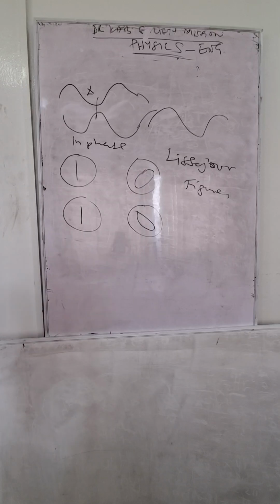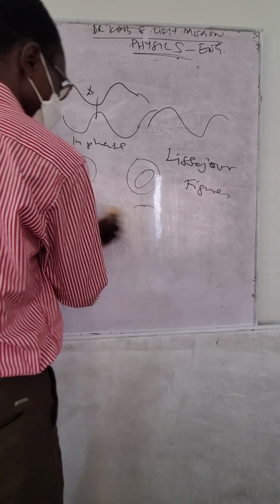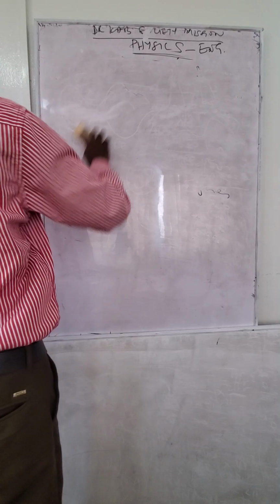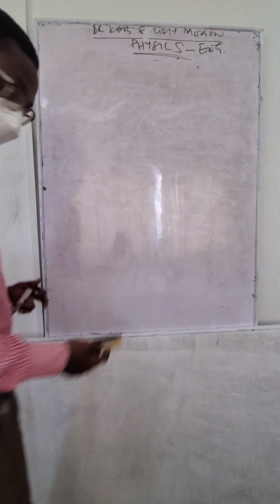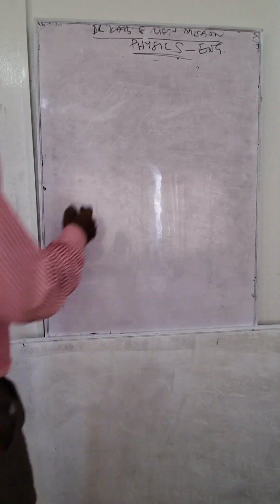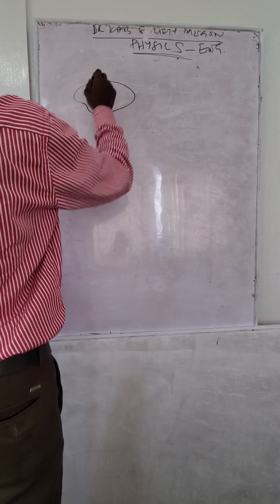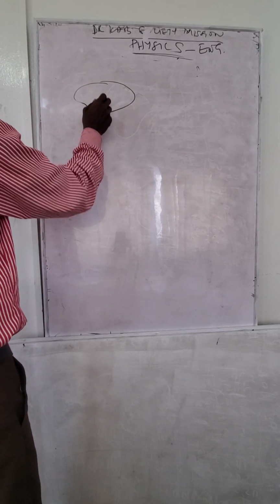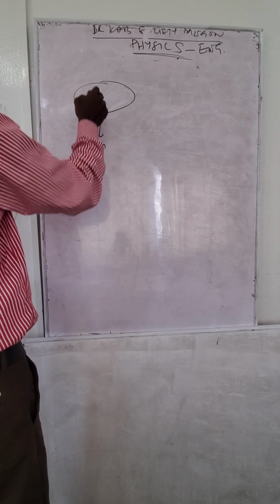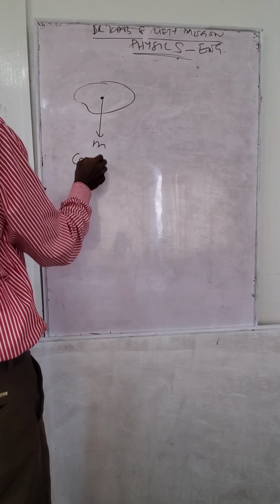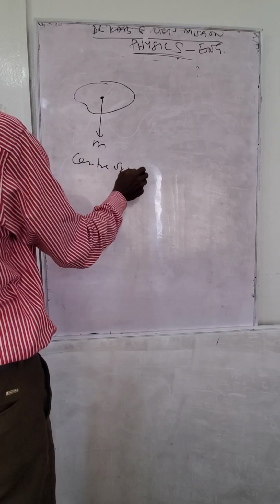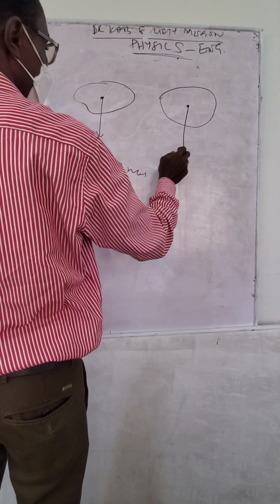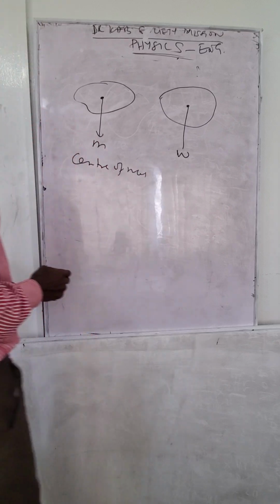So center of gravity and then center of mass. You have this body where the mass appears to act, that is the center of mass. Where the weight appears to act is the center of gravity.